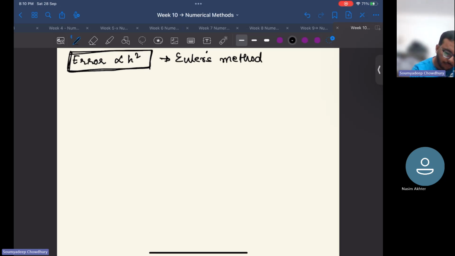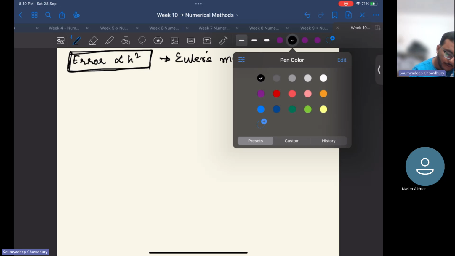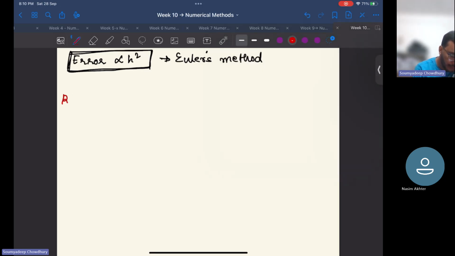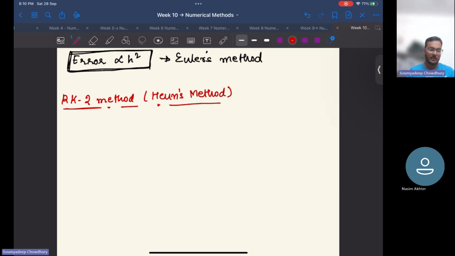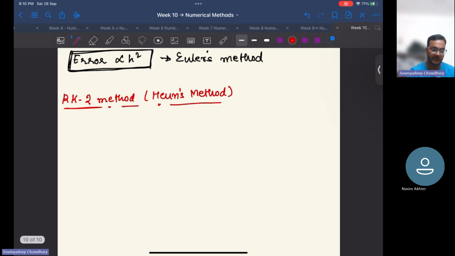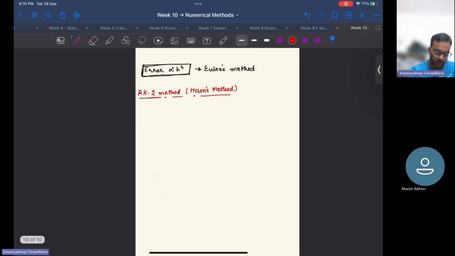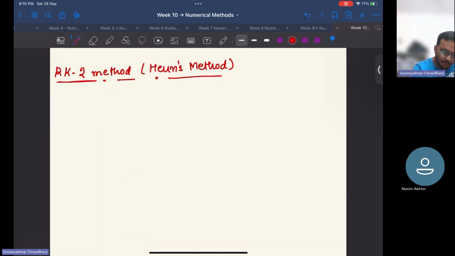Now in another example we'll see the RK2 method or Heun's method.